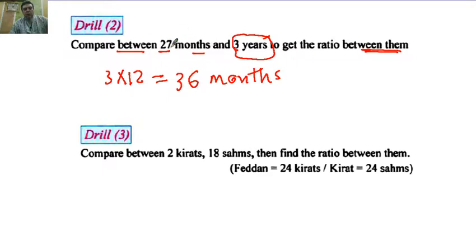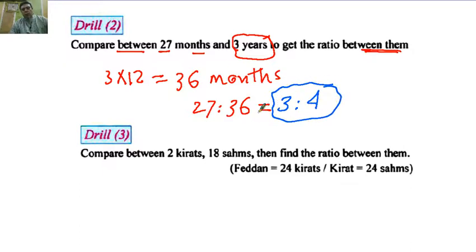Then to make a ratio, 27 to 36. Divided by 9 equals 3. Divided by 9 equals 4. That's the simplification of the ratio, 3 to 4. Then 27 months to 3 years, the ratio between them is 3 to 4.